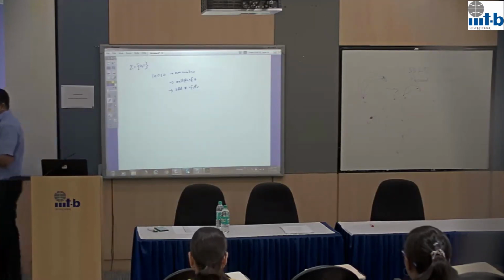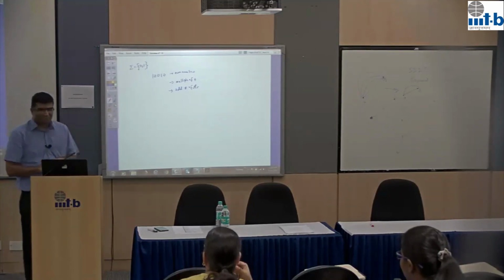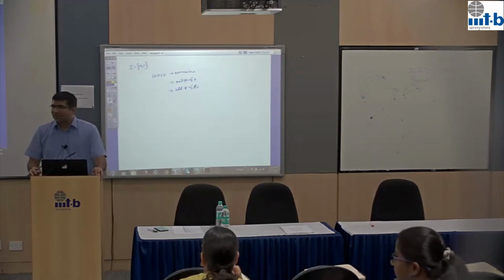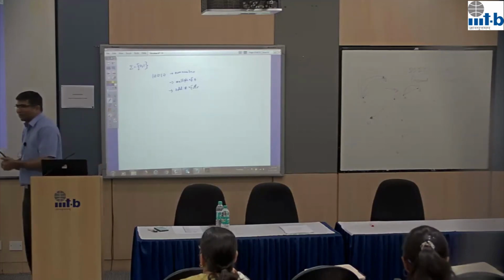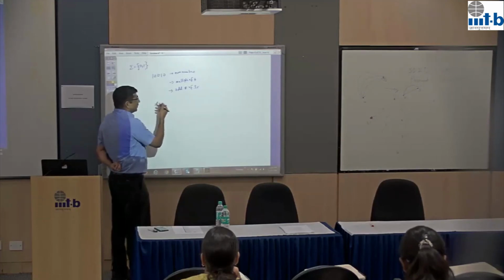How would you solve this? What is the general idea? You can come out with the actual solution in the next class, but what would be the general idea for this? Yeah, keep track of how many ones you have received. Initially you have an even number of ones.